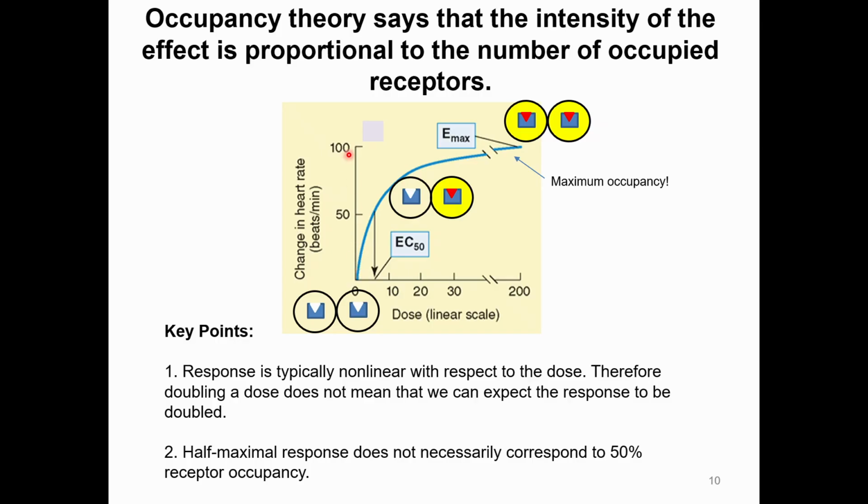And then we have to measure some kind of a response. In this case, it's the change in heart rate. So this drug obviously increases heart rate as you add more drug. And what you'll find is that the more drug you give, the more concentration you achieve with a dose, the higher the response.